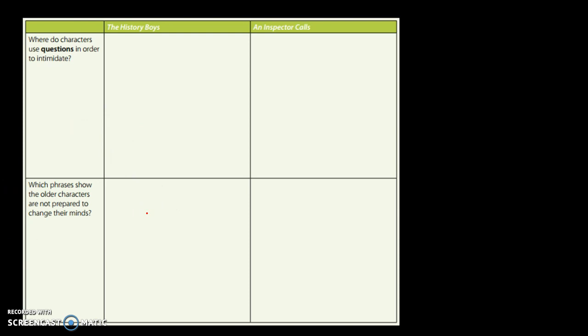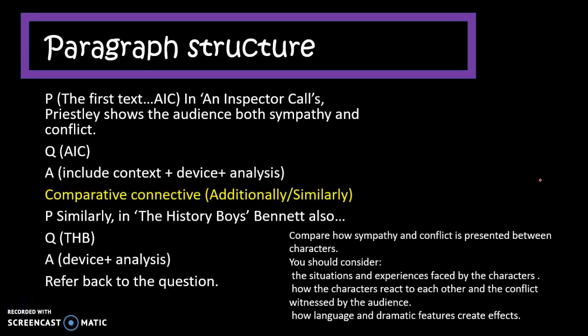So in the unseen, you've got this conflict that arises between the headmaster and Irwin, who represents, you can say, the younger generation. And in An Inspector Calls, you've got the conflict between Birling and Sheila and Eric in particular as well. So this is just my suggested paragraph structure that you can use.